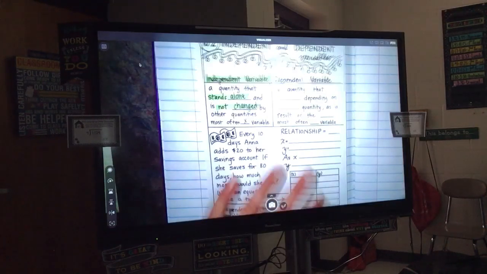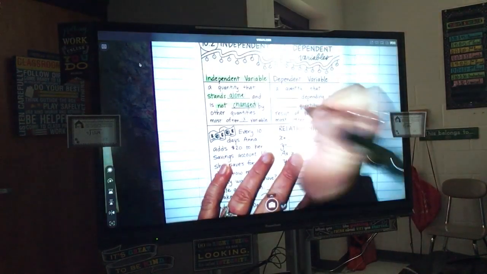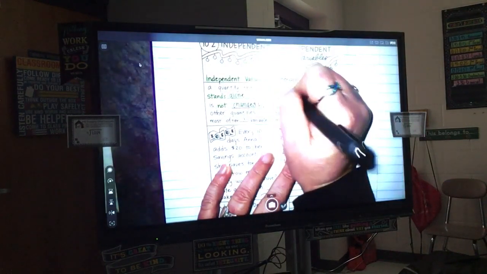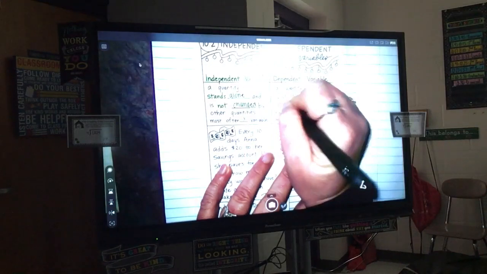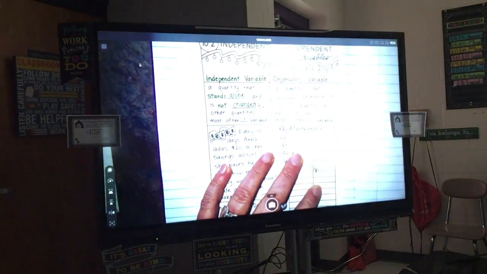All right, a dependent variable is a quantity that changes depending on another quantity as a result of the rule.